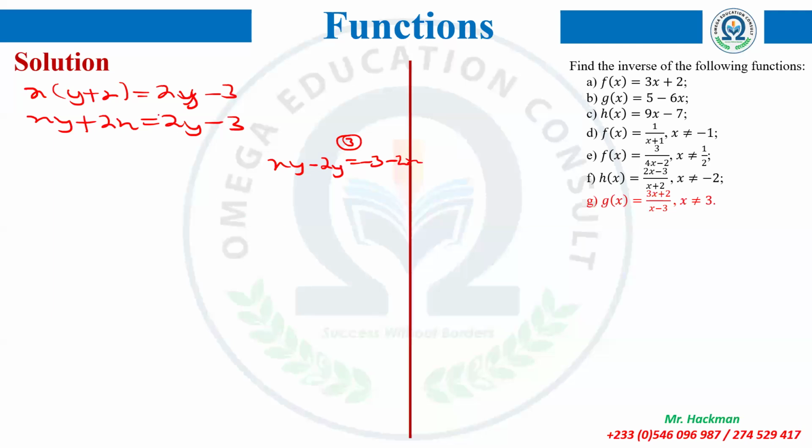The other movement will be moving this one to this side. Then they will be equal to here. Then you get 2y, then what? Minus xy, am I right? So the 2x will be maintained here.